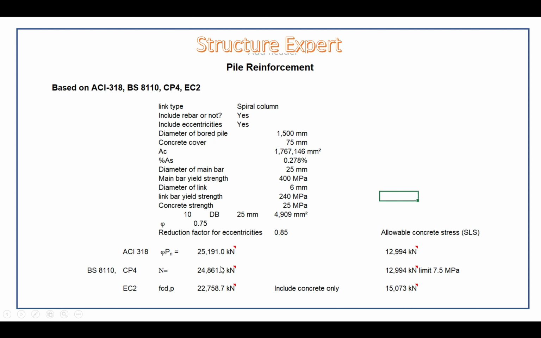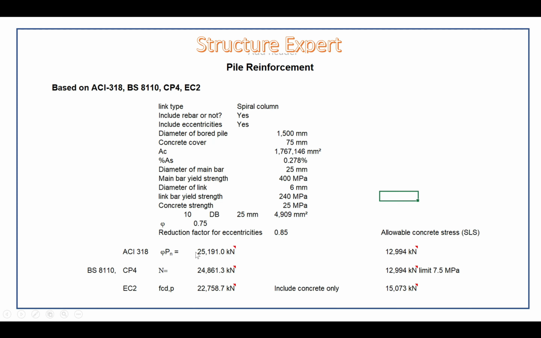Okay, different codes. This is for the ultimate, for designing the rebar section. And this one we call allowable stress or allowable concrete stress. We verify it as a load, the serviceability limit state. For this one we calculate based on the ultimate limit state, so we calculate it for the rebar.